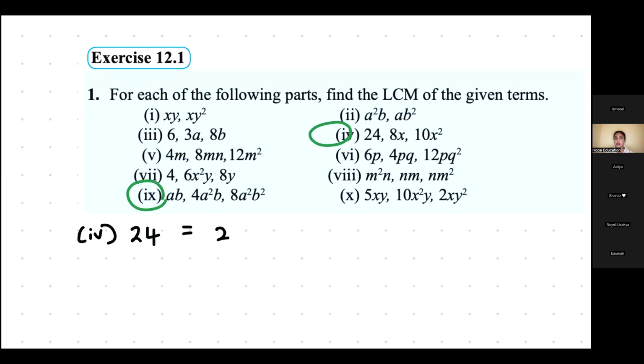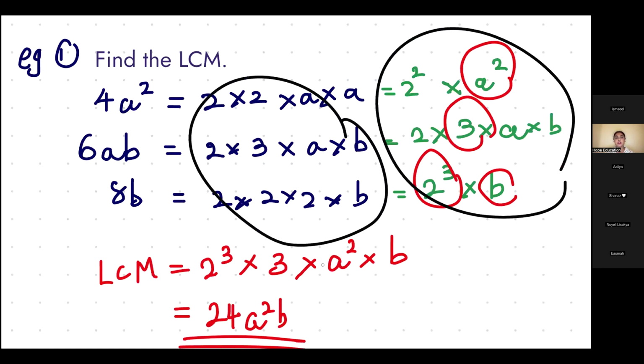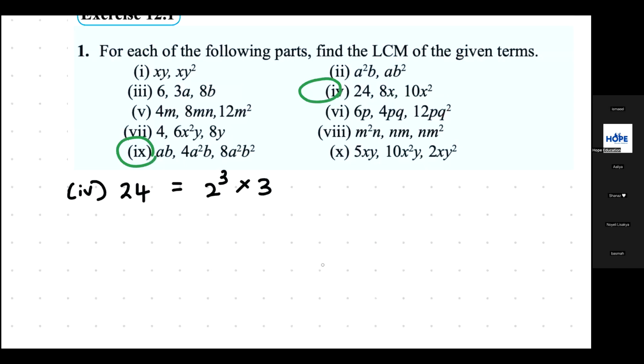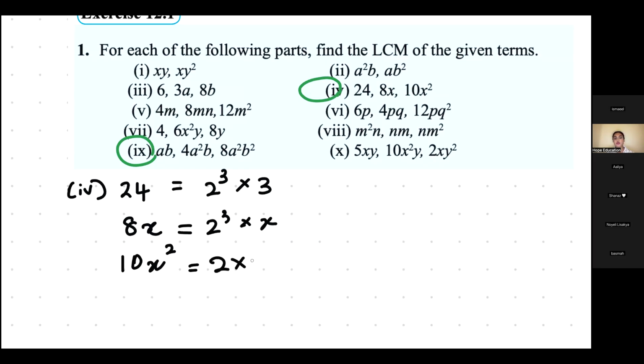You can write it in two steps like this and then like this. But I'm going to straight away write 2 to the power 3 times 3. 8x, I'm going to write as 8 is 2 to the power 3, x is just x. 10x squared is 10, which means 2 times 5, and x squared is just x squared.